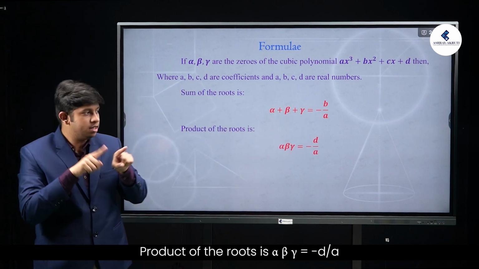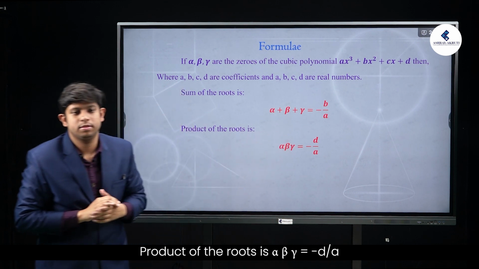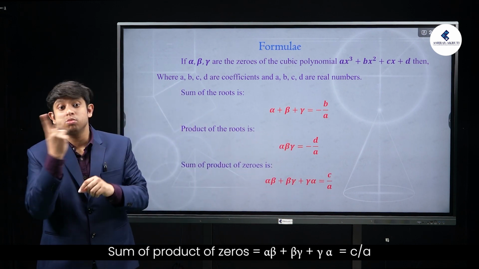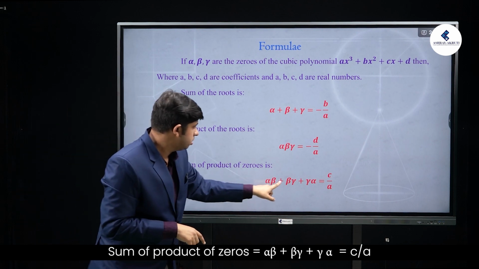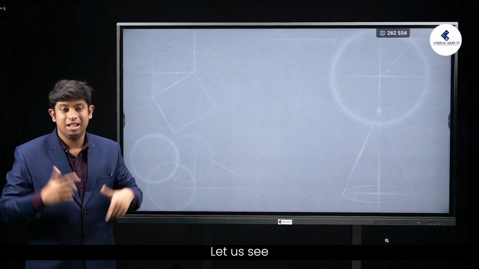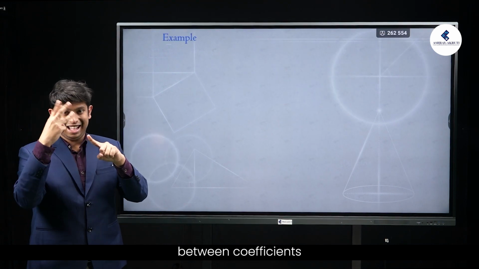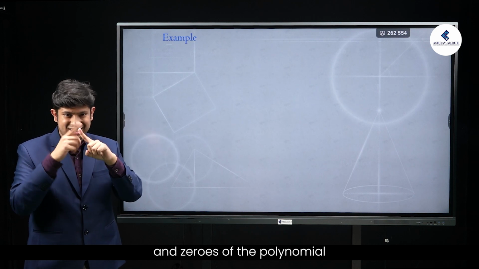Product of the roots alpha into beta into gamma is equal to minus d by a. Sum of product of zeros alpha into beta plus beta into gamma plus gamma into alpha is equal to c by a. Let us see an example of cubic polynomial over the relation between coefficients and zeros of the polynomial.